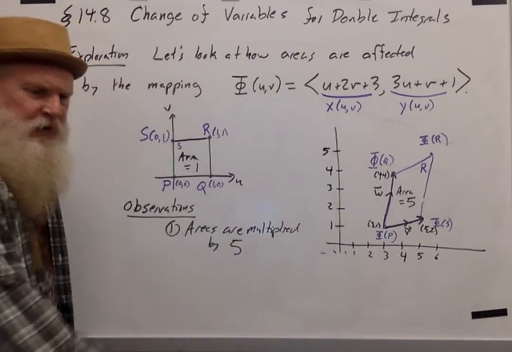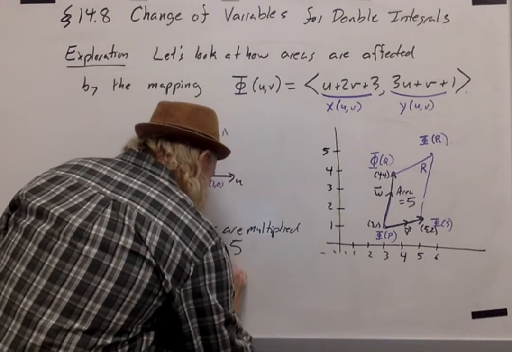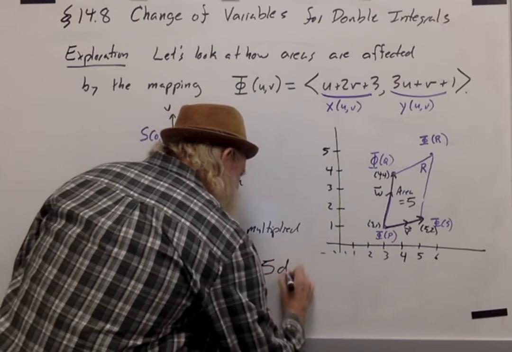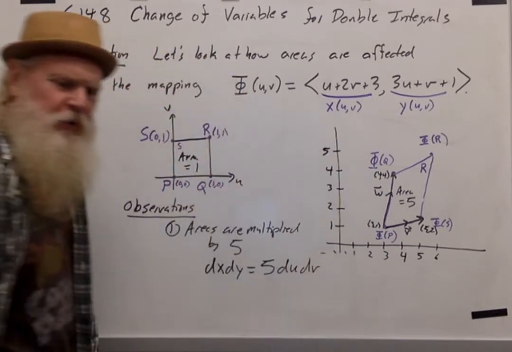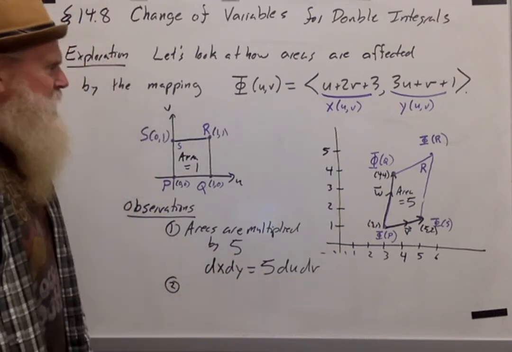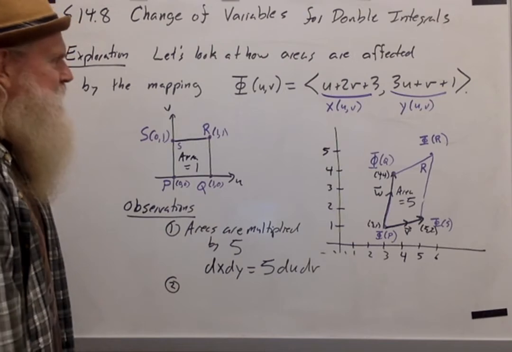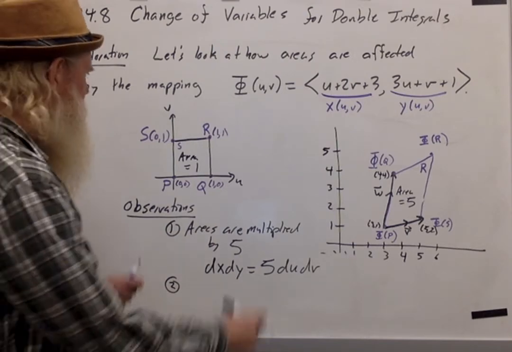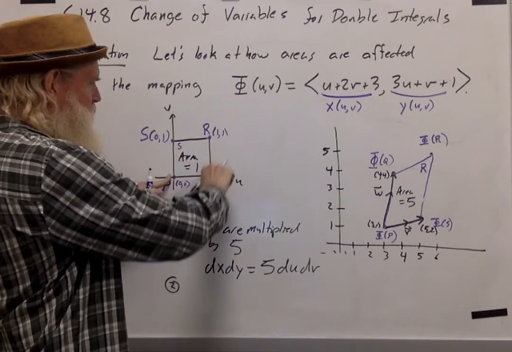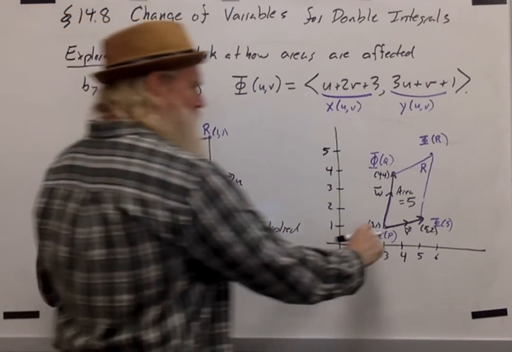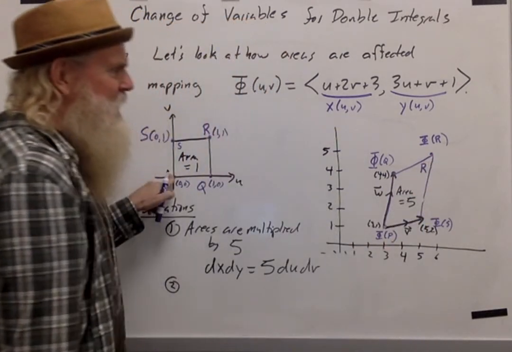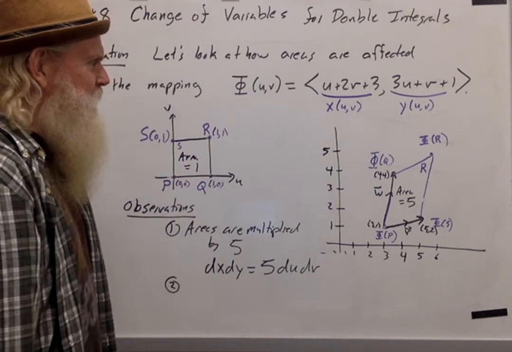What that's going to mean to us later is that dx dy is going to be 5 du dv. And another point is a little bit subtle, but notice that this is an orientation reversing map. Notice if I go P, Q, R, S, that's going counterclockwise around this square, whereas if I go phi of P, phi of Q, phi of R, phi of S, that goes clockwise around that parallelogram.